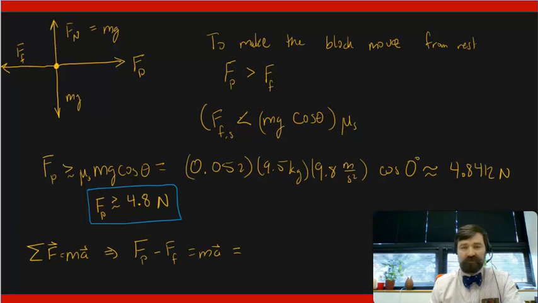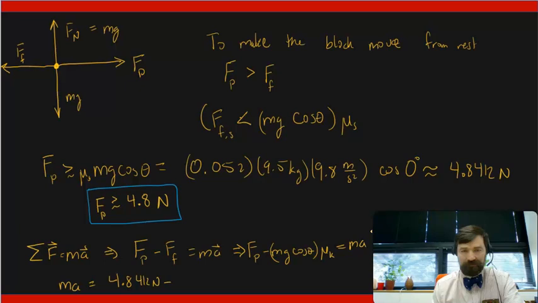And so what we end up having is the pulling force minus mg cosine theta times mu kinetic is equal to mass times acceleration.